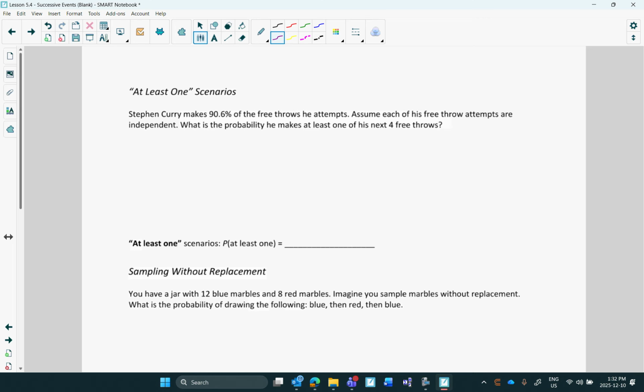He makes all 4. Makes 1, makes 2, makes 3, makes 4, and then makes none, or misses them all. So why don't we find the probability that he makes none?